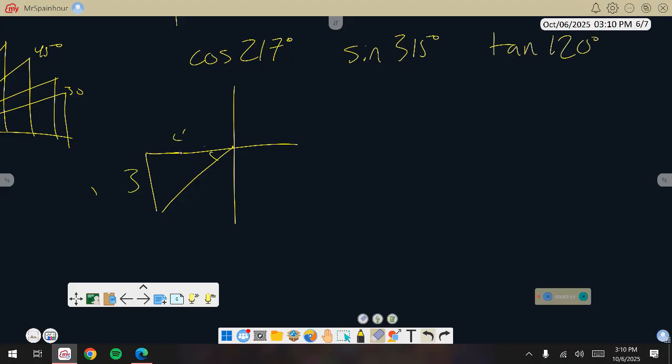So that would be 3, 4, 5. And what's the difference between 37 and 217? Well, some of the sides are negative. What sides are negative? X and the y, so -3 and -4. So what would, if you have this picture, easy peasy, what is the cosine of 217?